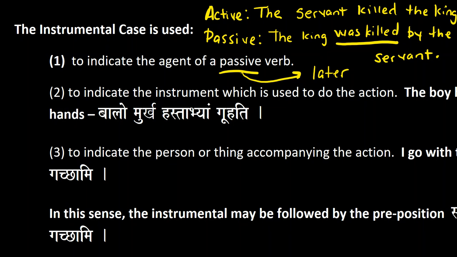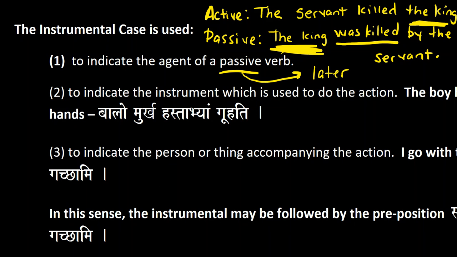And an example of a passive sentence would be: the king was killed by the servant. So here the king was the object in the active voice, but then it appeared to be the subject in the passive voice.